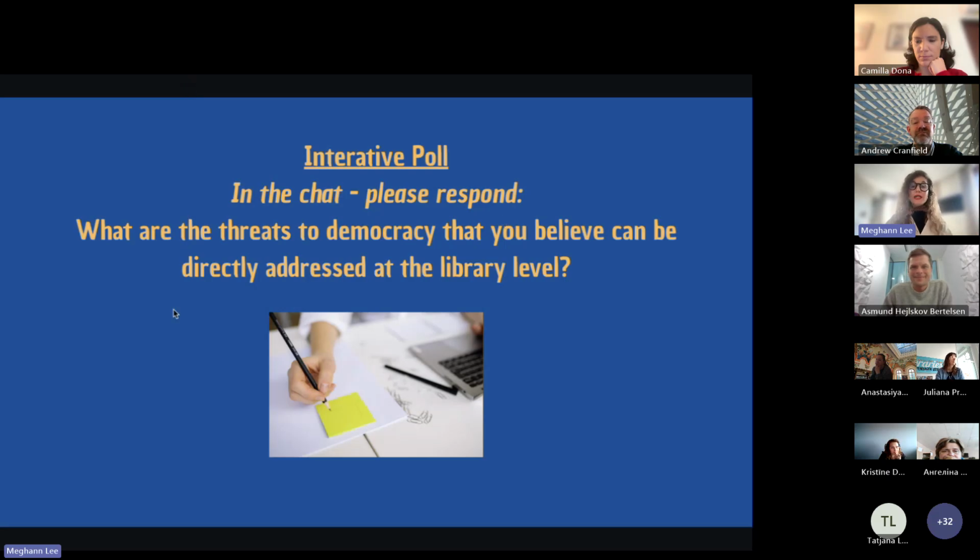Thinking about the library space, how can we at the library level address that? I'll give you just a few minutes.